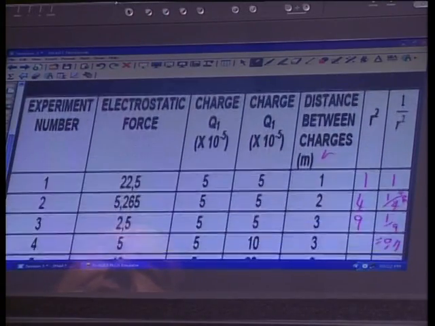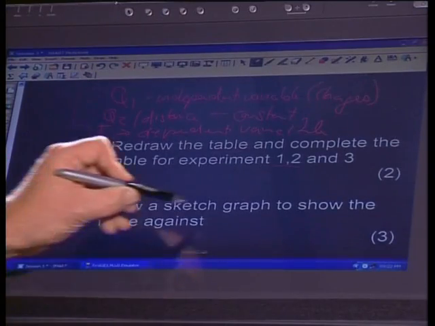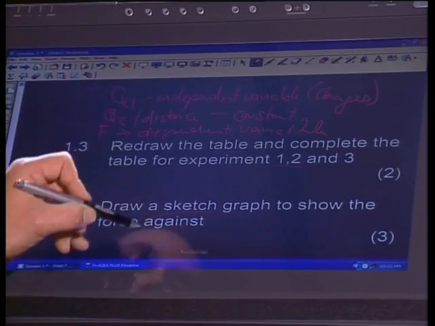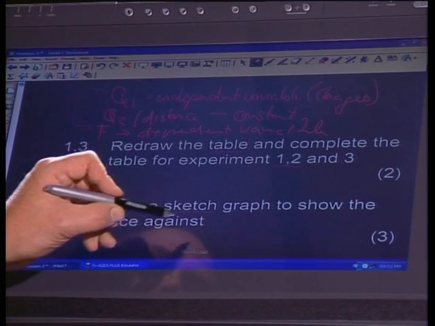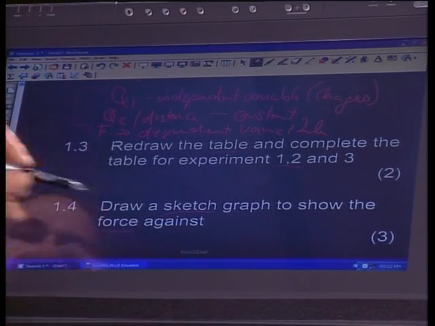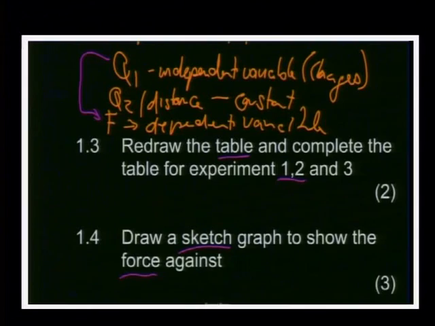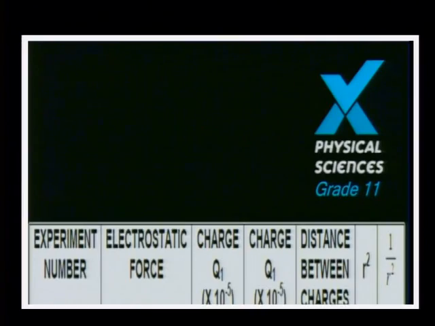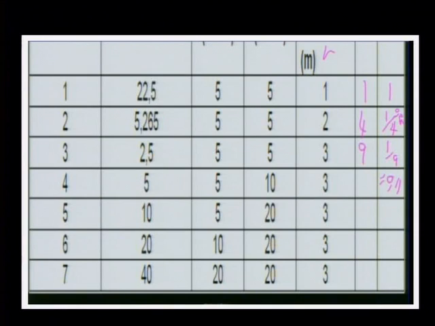So first of all, let's just decide how we're going to do it. Draw a sketch graph, so we don't need to plot it accurately, to show the force against the distance. And I just noticed that that's against 1 over r squared it was supposed to be. 1 over r squared, it's in your notes like that.